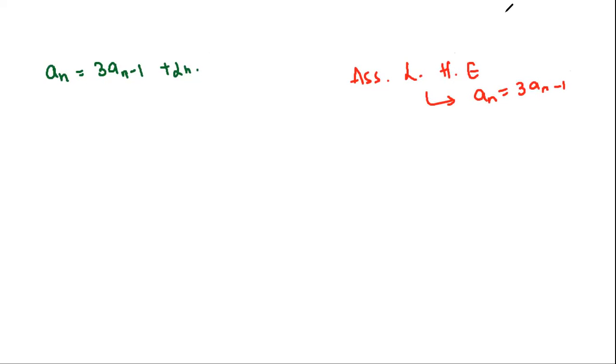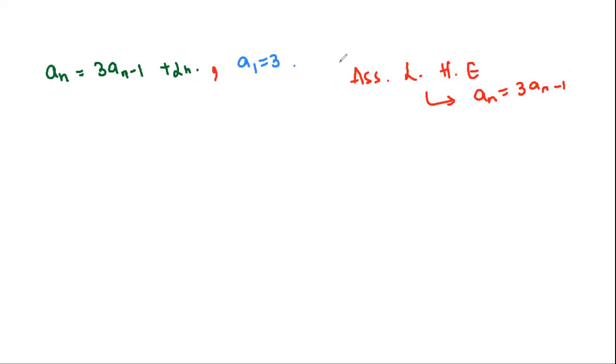Suppose a1 is 3 or a1 is 2. Let's take the initial condition of our example. It is given that a1 is equal to 3. So a1 is 3, then a2 will be 3 into 3 and so on. Each time we are multiplying with 3.